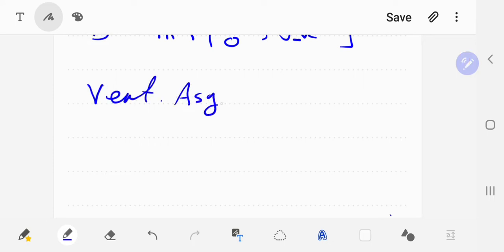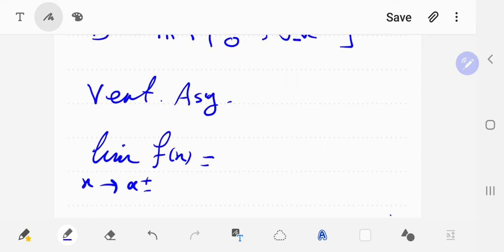and the vertical asymptote can be found by evaluating the limit of f of x as x approaches a from either left or right, and the possible values of a will be the zeros of the denominator.